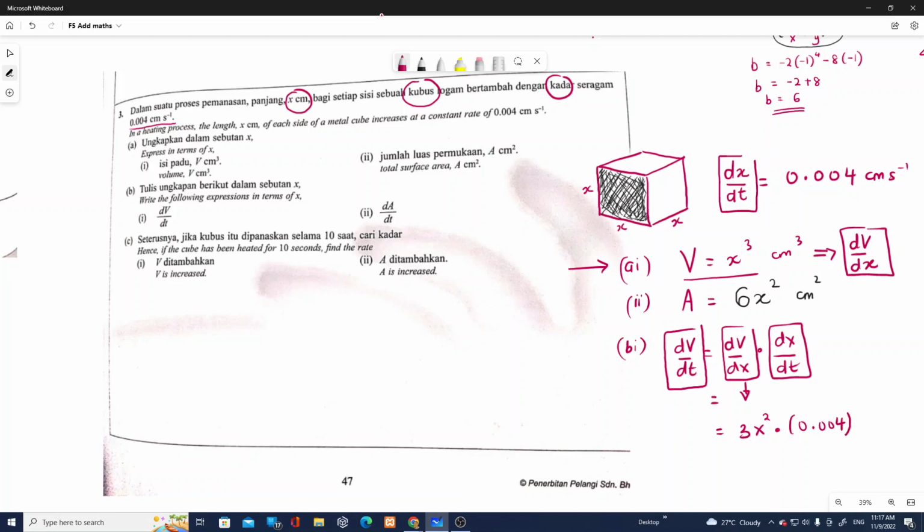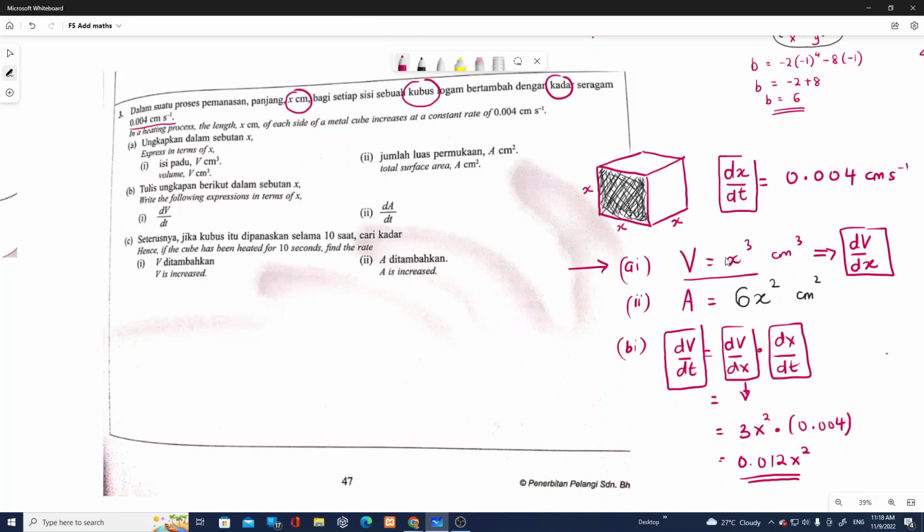Darabkan 3 dengan 0.004, dapat 0.012x kuasa 2. Itu jawapan dia untuk B1, ungkapkan dalam sebutan x dV per dt.